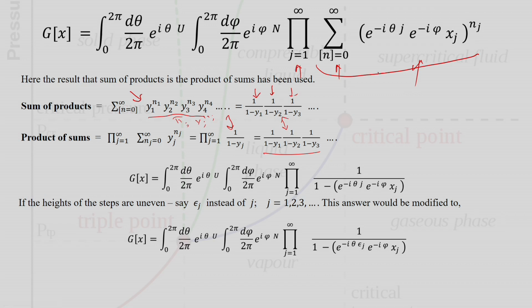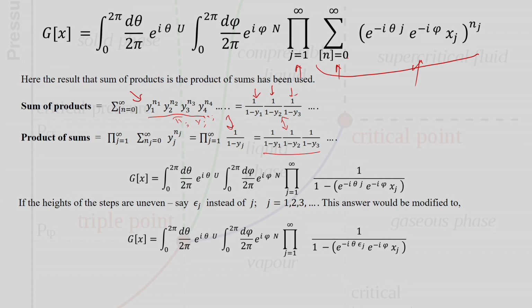Now, remember that I am talking about marbles on a staircase where there is no restriction on how many marbles there are per step, so I am allowing myself to sum from n equal to 0 all the way up to n equal to infinity.